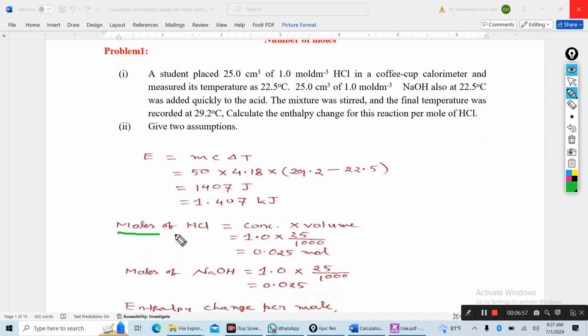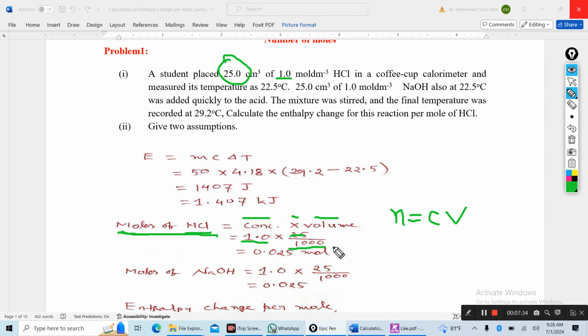Then moles of hydrochloric acid. You know the formula from chemical calculation, n equals CV. n means number of mole, C means concentration, V means volume. So moles of hydrochloric acid, concentration times volume. Concentration is given 1, volume is given 25 centimeter cube, 25 divided by 1000.